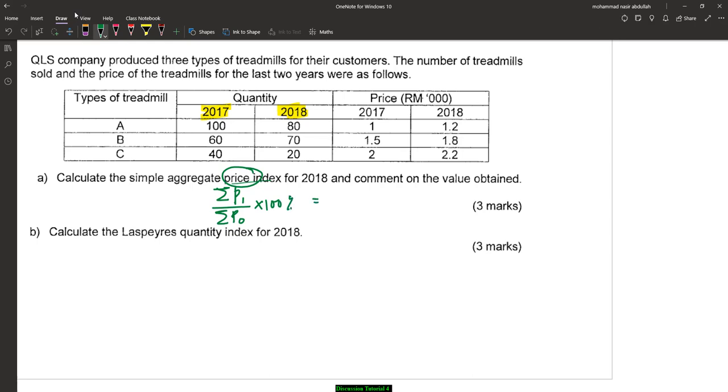So this one should be 1.2 plus 1.8 plus 2.2, all divided by the price in base period, 1 plus 1.5 plus 2, multiply with 100%. So this one should be 115.55%. How to comment? The price for 2018 has increased by 15.55% as compared to 2017.